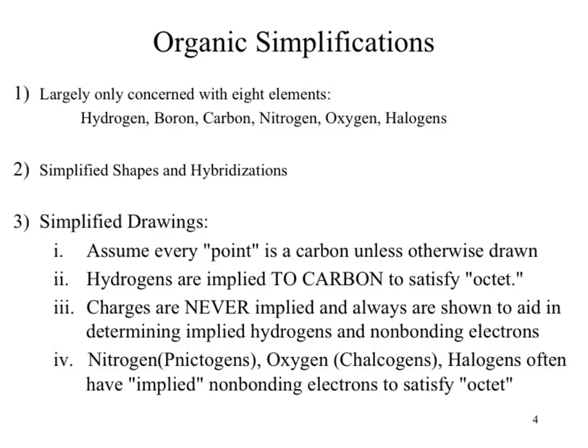Because what happens in the second half of the semester? We look at reactions. Well, to do a reaction, what has to move? Electrons. If I've now implied the location of all of my electrons, they're no longer drawn, which means if I look at a structure, I don't have electrons to move.